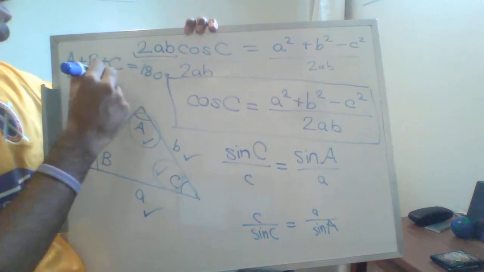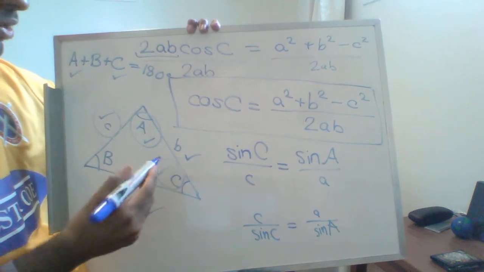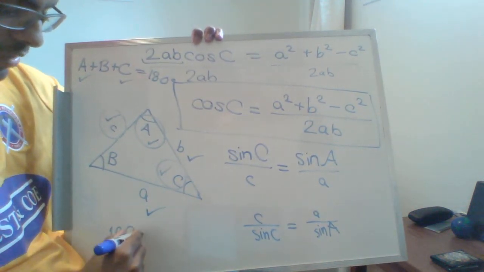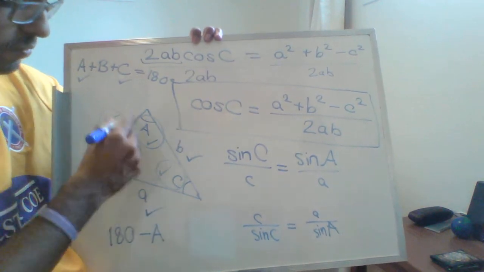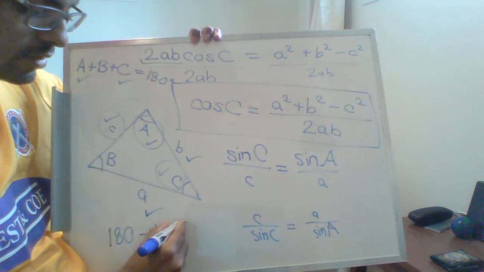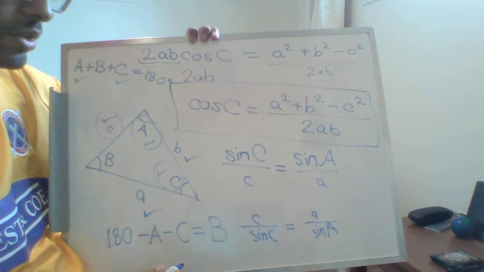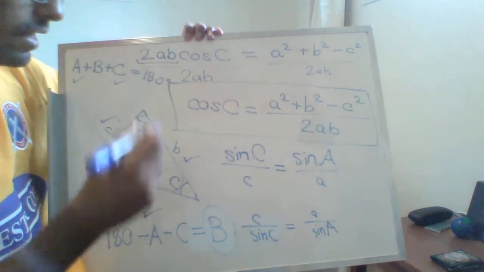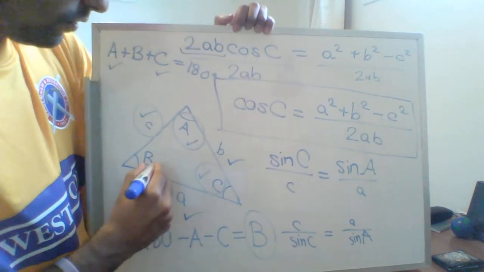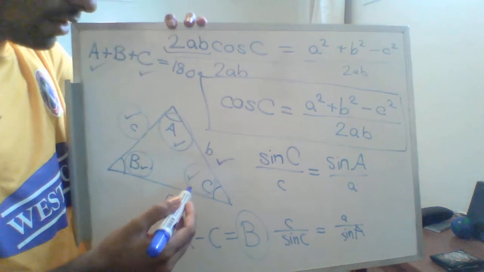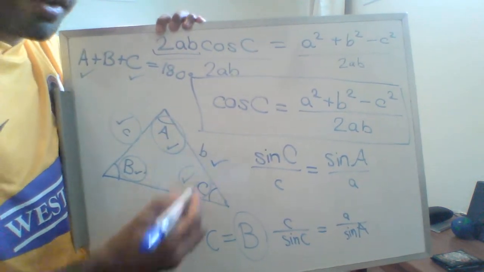And you already know A, and you already know C. So all you have to do is 180 minus the measurement of angle A, minus angle C, will leave you with the measurement of angle B. And that allows you, given all three side lengths, to figure out all three angles.